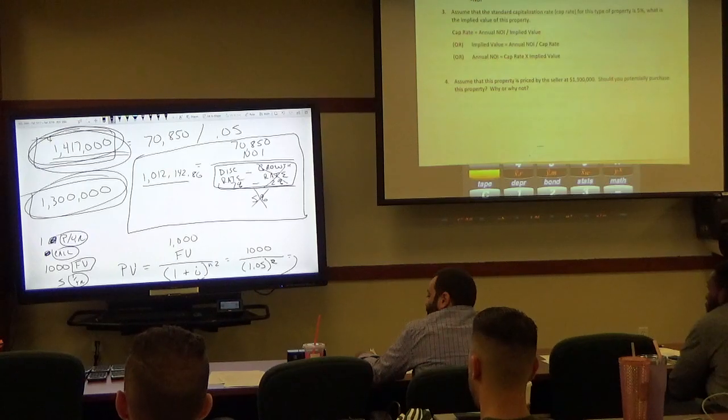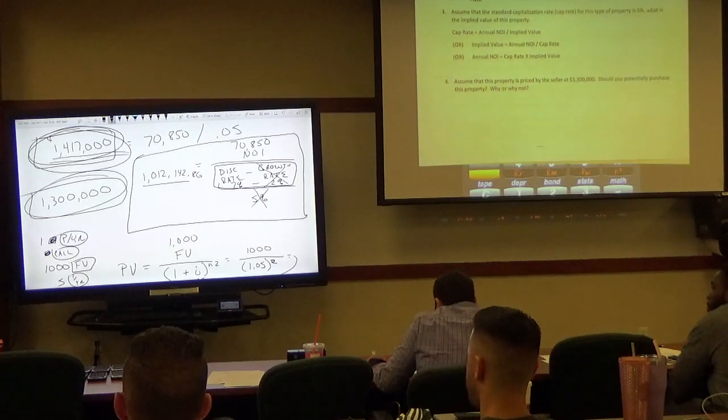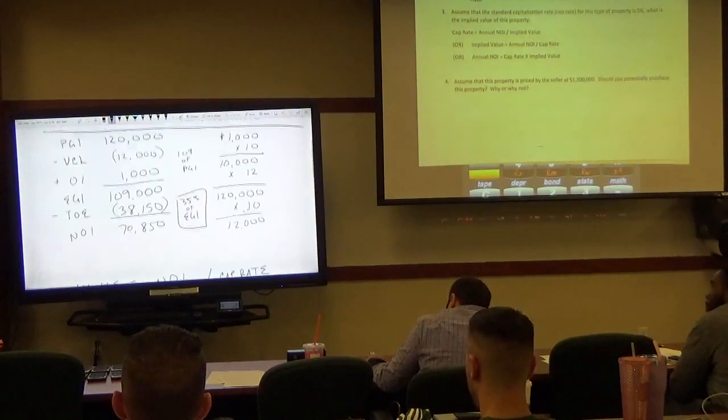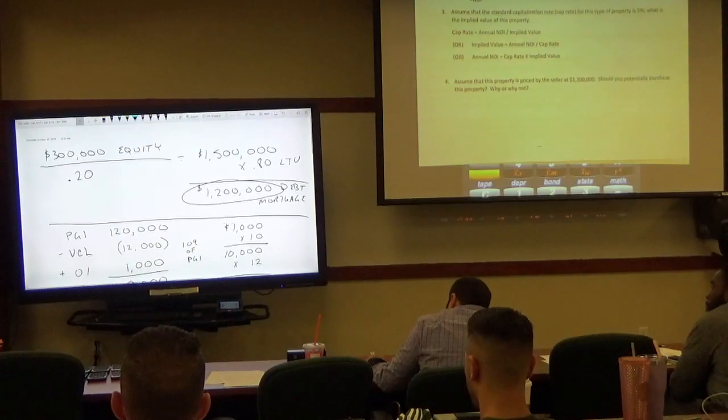You've still got $100,000 or so difference there between your valuation of the property and what it's being priced at, okay? So there's still some play there to be able to deal with. And the 1.3 is still substantially less than the 1.5 million that you have available to you in terms of your raw purchasing power.